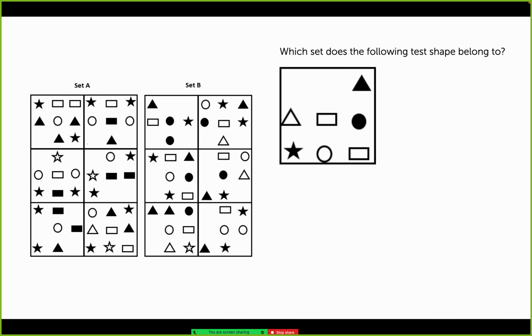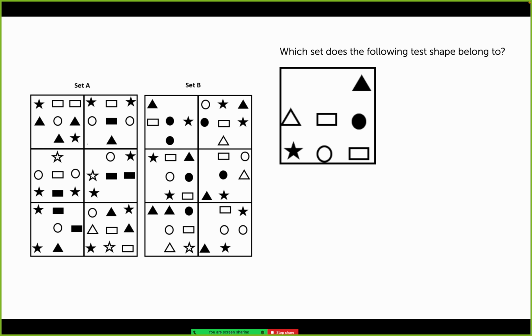Set A. Okay. Any explanation you can give? I see that, actually I think it would be neither. Again, can you explain it so that I can help you? So first I see the two diagonally spaced rectangles, and they're both the same color.